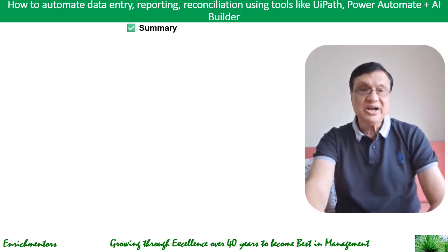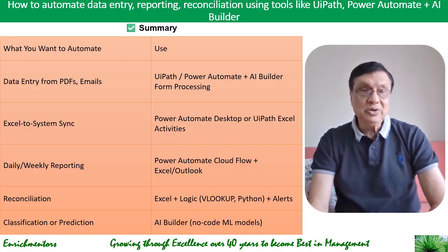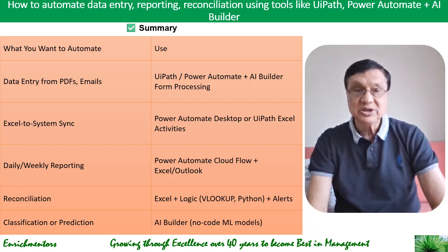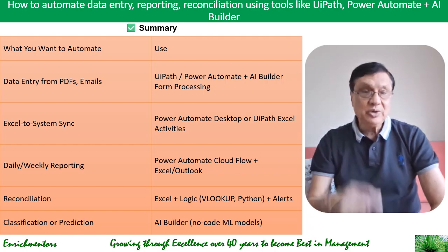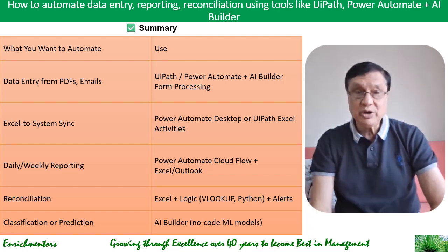So let's summarize how to automate data entry, reporting, and reconciliation using tools like UiPath and Power Automate plus AI Builder. First, let's take a look at what you want to automate. If you want to automate data entry from PDFs and emails, you can use UiPath or Power Automate plus AI Builder form processing. If you want to automate Excel-to-system sync, then you need to use Power Automate Desktop or UiPath Excel activities.